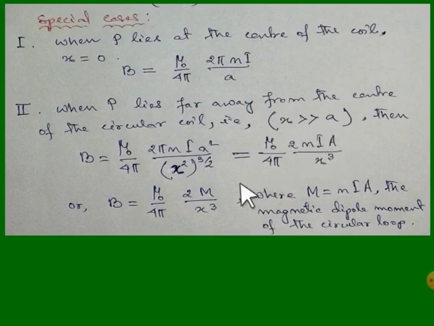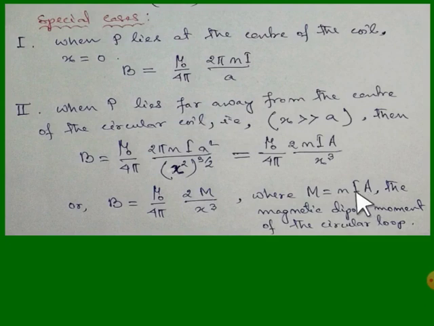Magnetic dipole moment we denote by capital M. So your magnetic field, when the point of observation is very far away from the center of the circular coil, can be expressed as μ0/4π times 2M/x³, where M is the total magnetic dipole moment of the whole turns of the circular coil, which is equal to NIA.